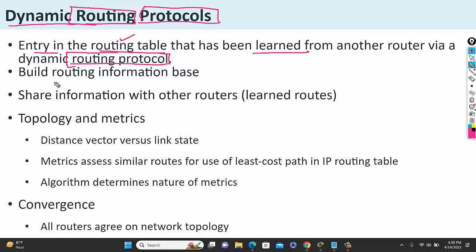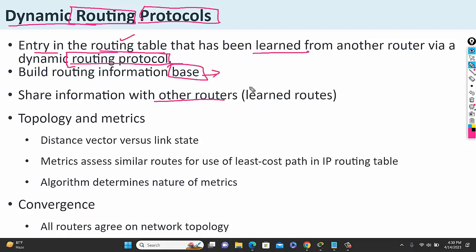These routers exchange their routing information and create a base, a database, where the information of the routing tables, available routes and other information is stored. Once one router learns the information, it will share it with other routers.